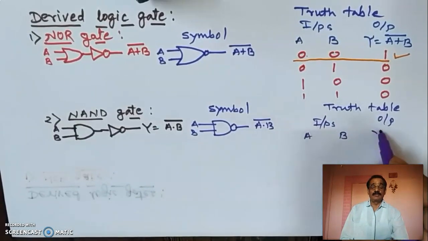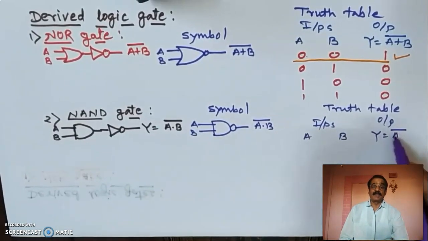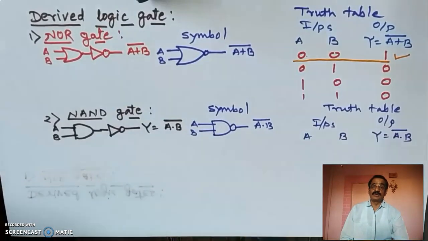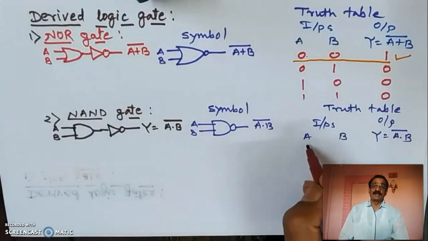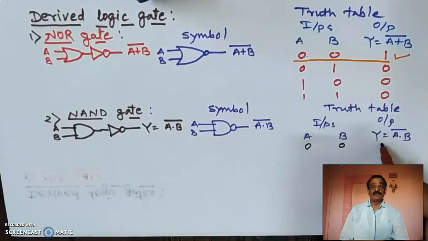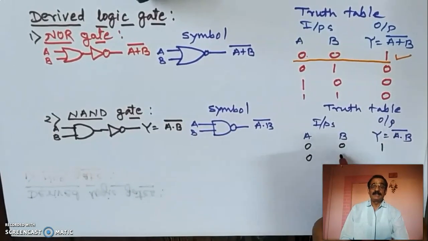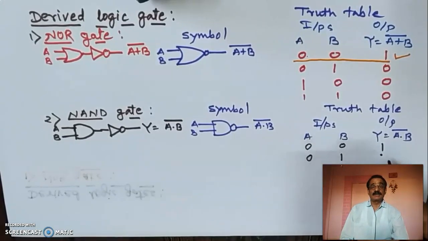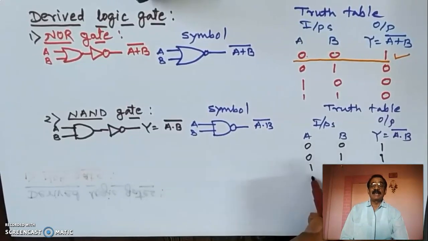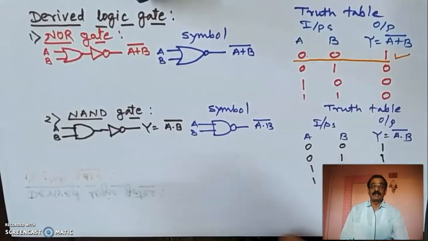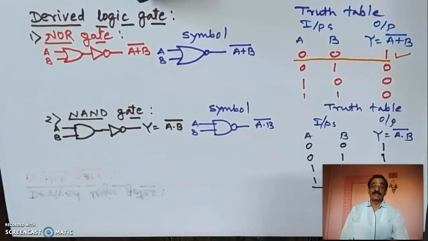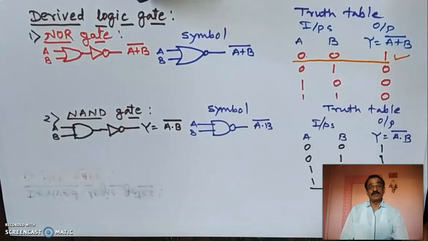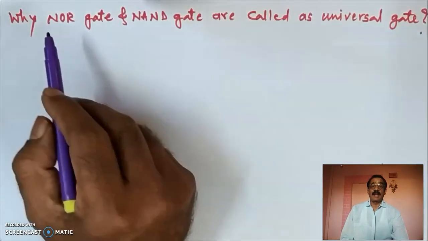First, when A0, B0, then 0 into 0 is equal to 0 and complement of it is 1. So A0, B0 output is 1. Second, A0, B1 output is again 1. Third case, A1 and B0 output is again 1. And last case, both inputs are 1, then output is 0. So according to the definition, when both inputs are high, then output is low. So it is a NAND gate.